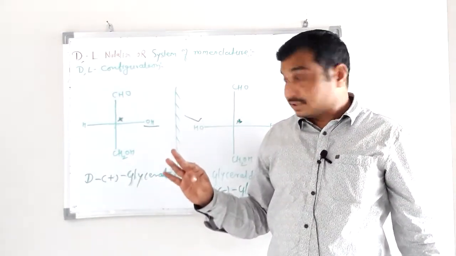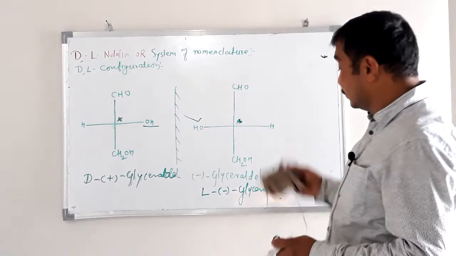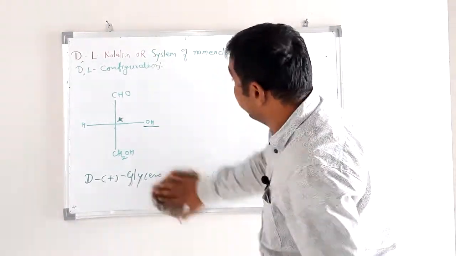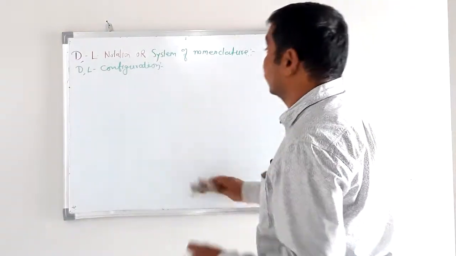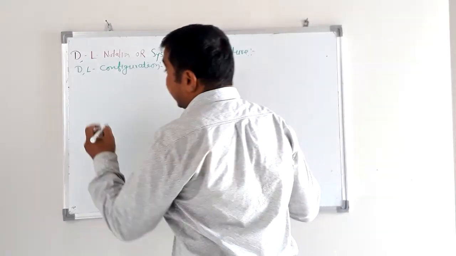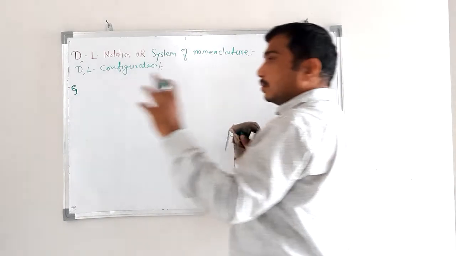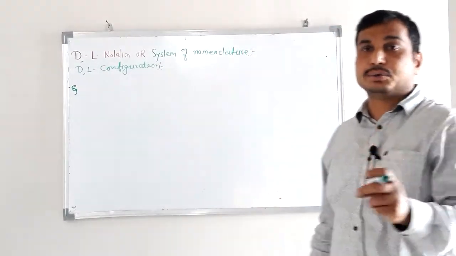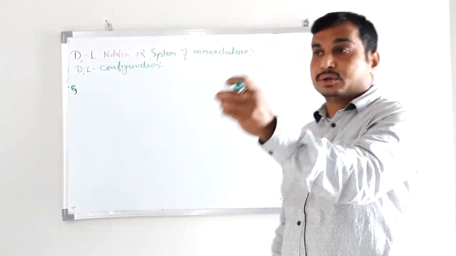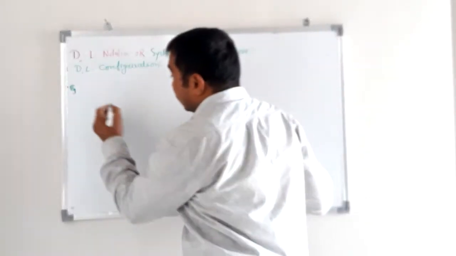For example, a very simple question can be asked: assign the DL nomenclature to the following compound.